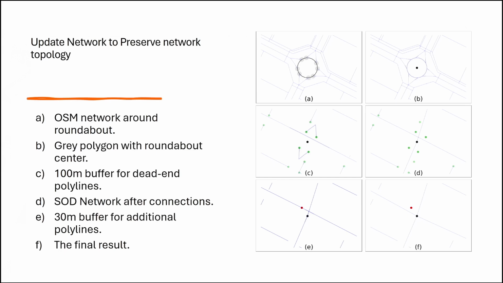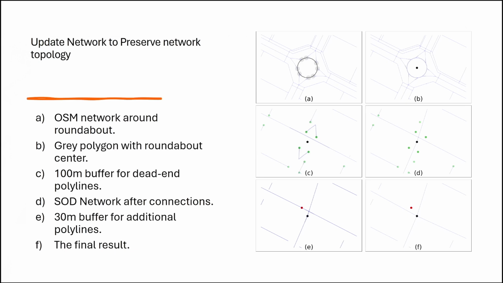So the idea is to take all the polylines that create a roundabout, shape them into points, and then connect all the center lines with a dead end close to the roundabout to that point. And we had another case, when we have a straight polyline very close to the roundabout. In this case, we also add this roundabout into the polyline.